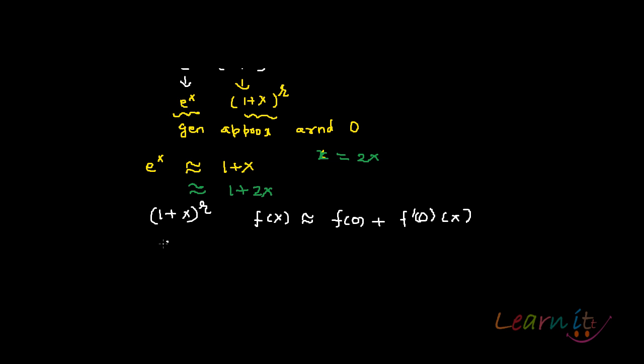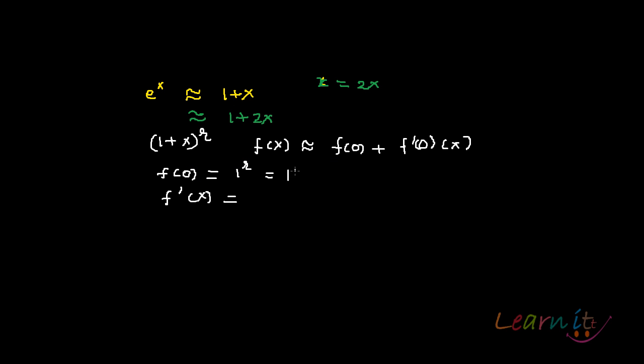I require f(0). f(0) will equal 1 to the power r, which will be 1. What about f'? So first of all, I need to know what is f'(x). We have done this derivative. It will be r(1 + x) to the power r minus 1, right? So what will be f'(0)? It will be r into 1 to the power r minus 1, so equals r.